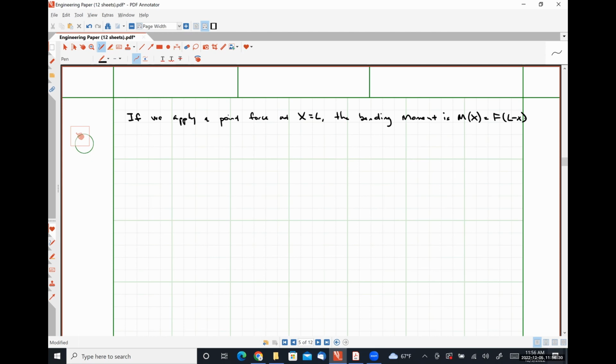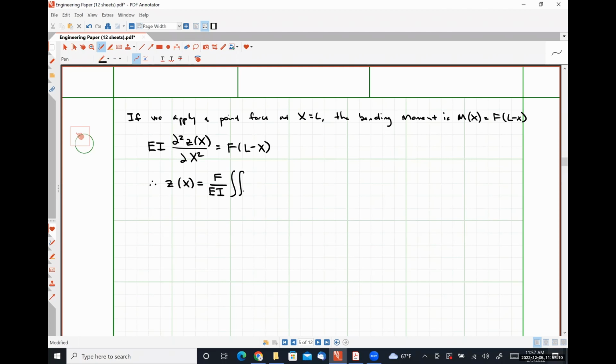Substituting this relationship into our differential equation with our boundary conditions of 0 gives us EI times the second derivative of Z as a function of beam length over X squared is equal to F times (L minus X).